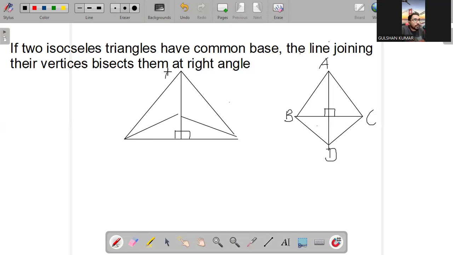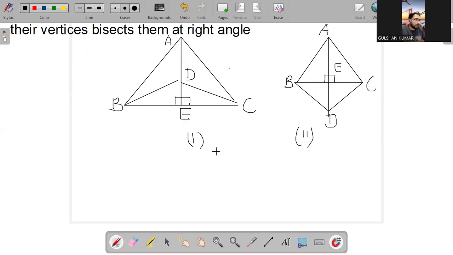So we are mentioning it as A, B, C, and this is D. And we are mentioning it as E. Clear? We have two aspects: first, and second, both have a common base. Both bisect at right angle.